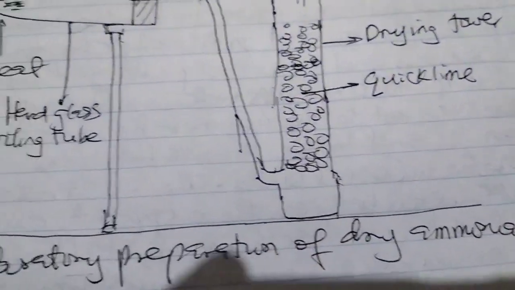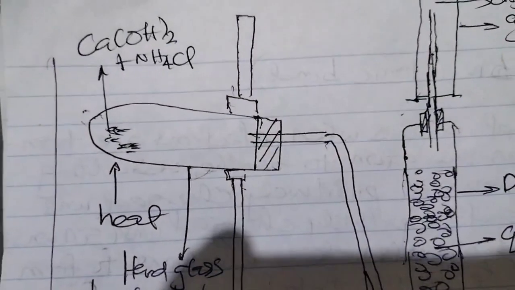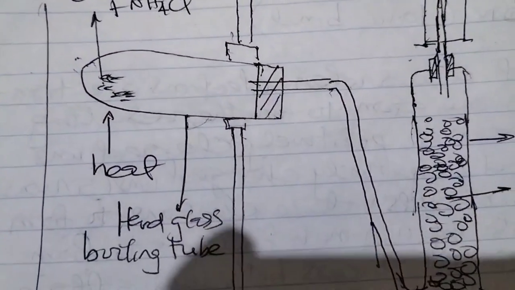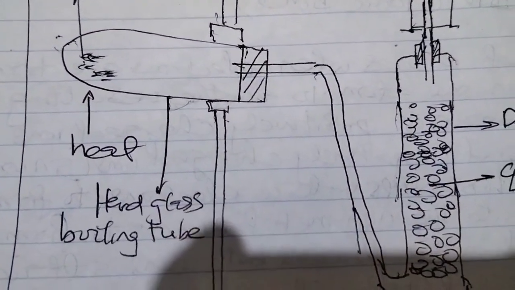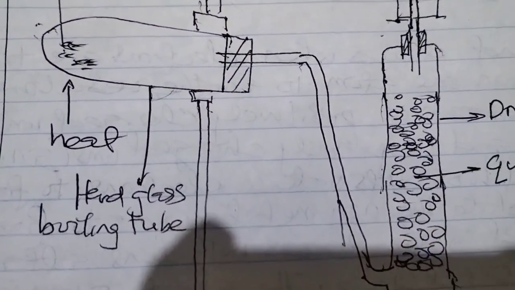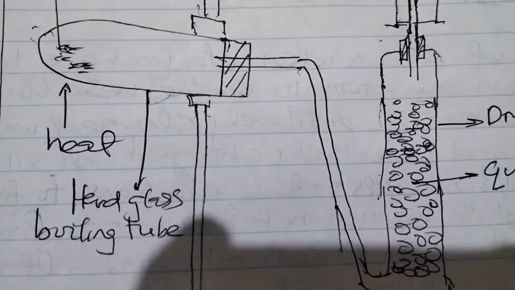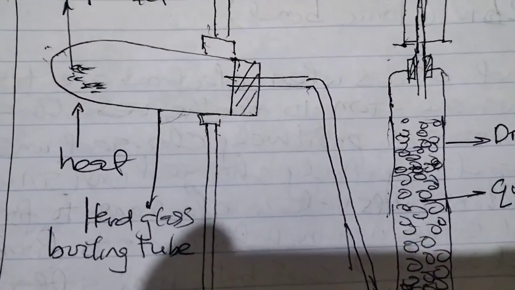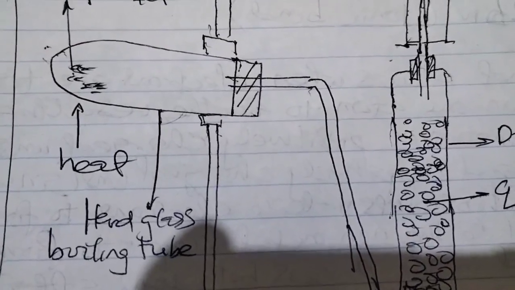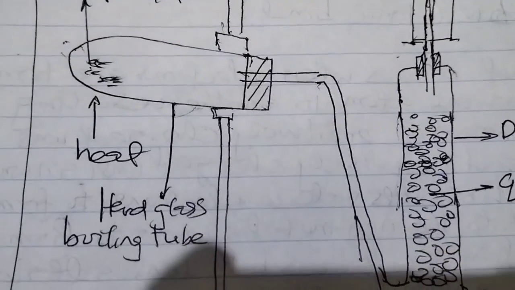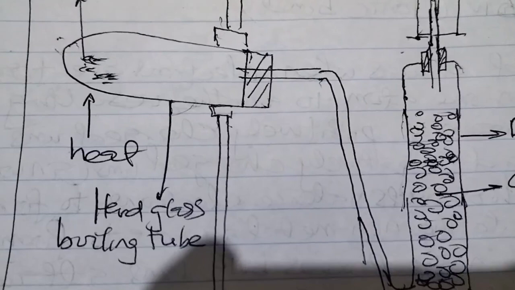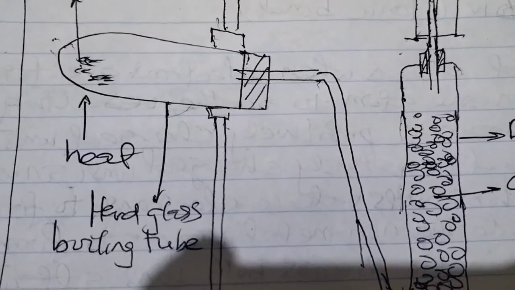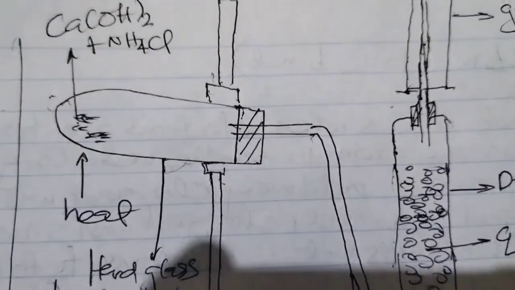Going to the diagram for preparation of ammonia, you can see everything. You have a hard glass boiling tube, labeled there, and make sure that in your labeling the arrow is pointing directly on what you want to label. Look at that arrow pointing on hard glass. It's touching the glass, not inside the glass.